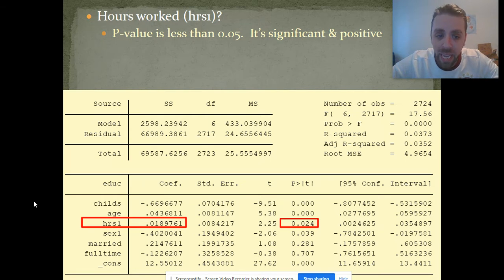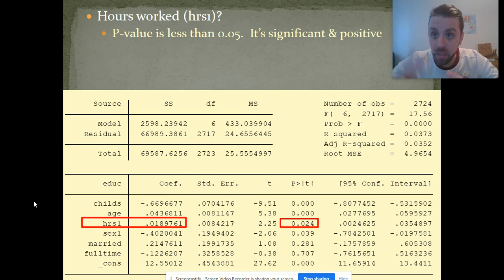But when it came to identifying the significance of hours 1, people saw that there were numbers there and not just zeros, and sometimes interpreted that as a non-significant finding. That's not correct. 0.024 is less than 0.05. Therefore, this is a significant coefficient.